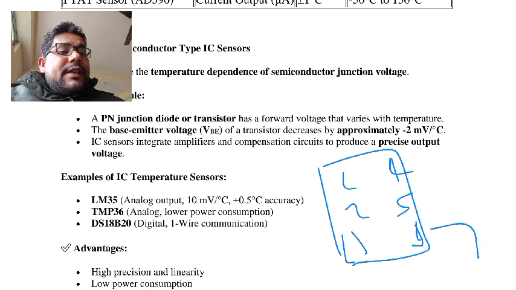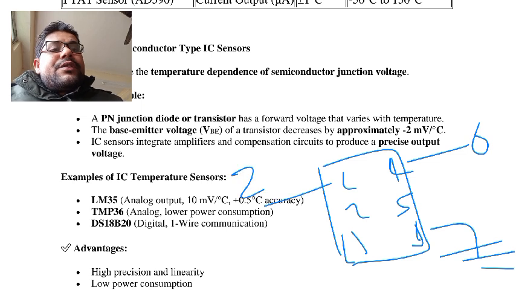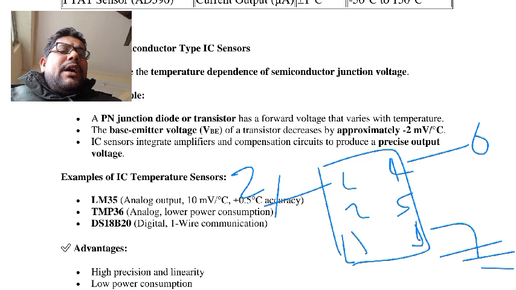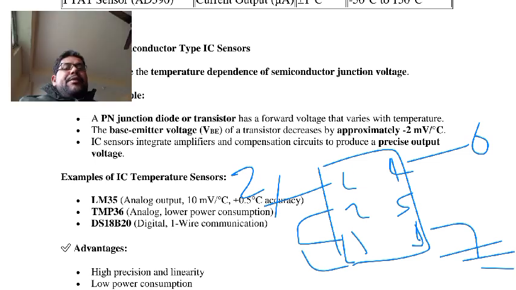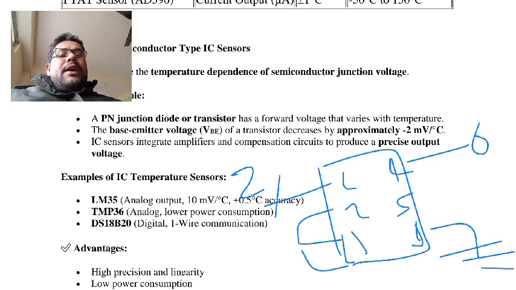Suppose this one must be grounded, this must be output, this must be temperature reading input, and another must be a capacitor. If we apply temperature, the base emitter junction voltage decreases by 2 millivolt per degree. Based on this, we can give the output.